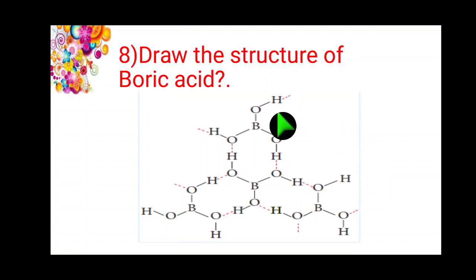Each unit we can see: H3BO3, 3 hydrogen, BO3, 3 oxygen, 1 boron, right? So each unit we can find. It consists of BO3 3- units, and these are linked to each other by hydrogen bonds, right?